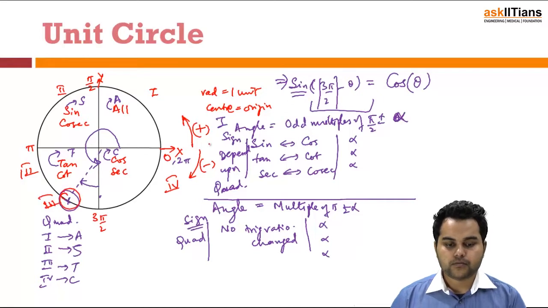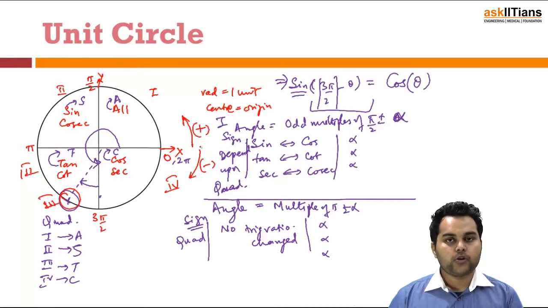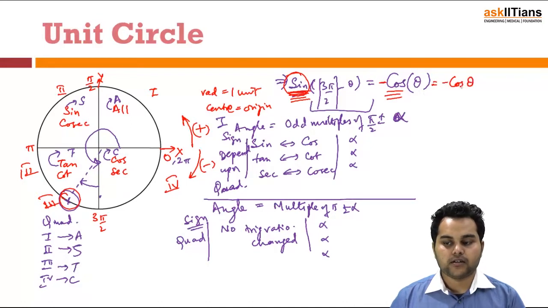So 3 pi by 2 is in the third quadrant, and in the third quadrant sine is negative. I will not look at the right hand side to see what the transformation has been, but at the left hand side to see what the original trigonometric ratio was, that is sine, and it's negative in the third quadrant, so I will have a negative sign over here. So that will give me minus cos of theta.